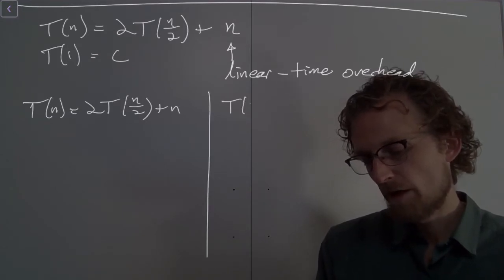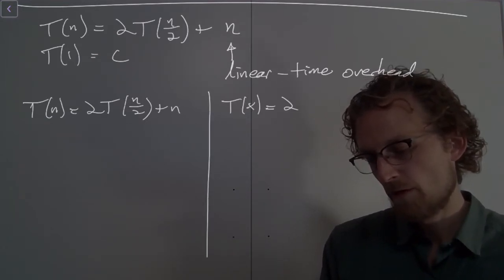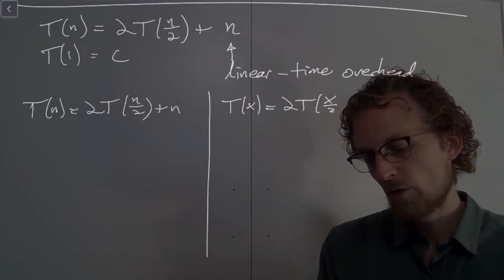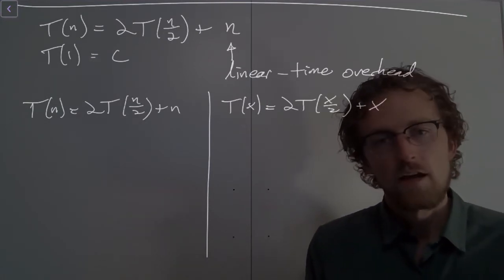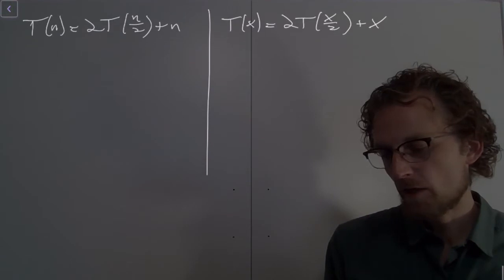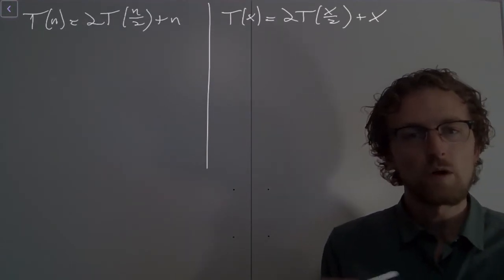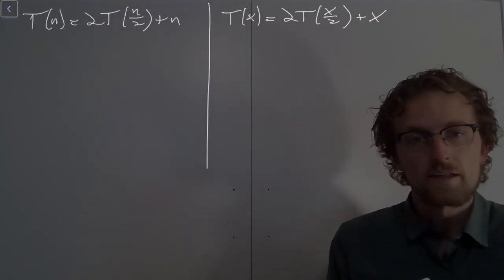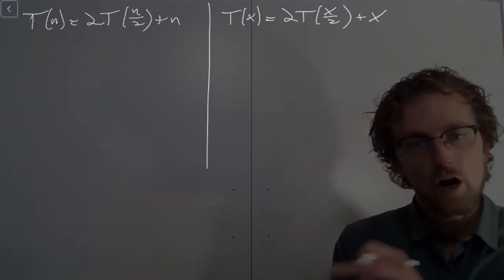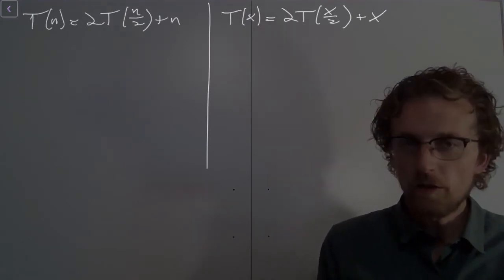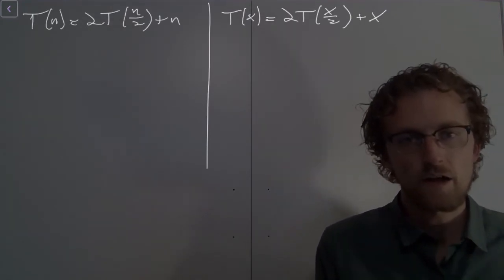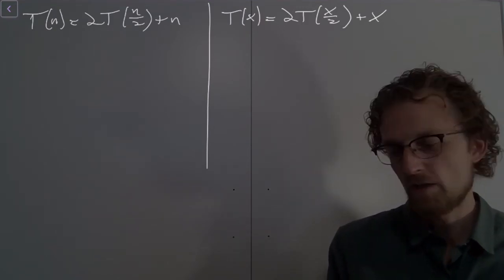And I'll make my auxiliary equation over here, 2T(x/2) plus x. The only subtlety is now we have to make sure we add in whatever the argument is, we have to replace that in all the x's, including the one that's outside of the input for T(x).